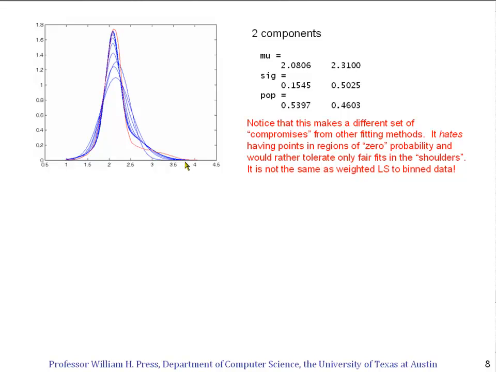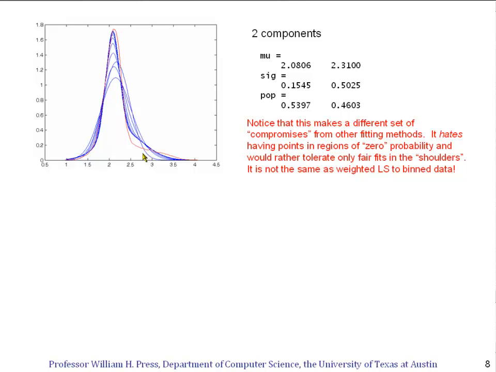Notice that Gaussian mixture models make a completely different set of compromises from alternative fitting methods in one dimension. In particular, no matter how long I converge this thing, this shoulder here is not going to come down to its true value or a better approximation of its true value. And the reason is because the tails of the data are not Gaussian.